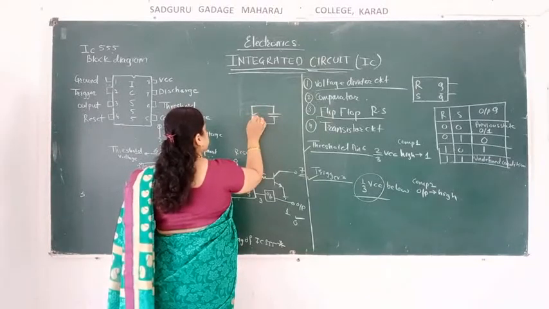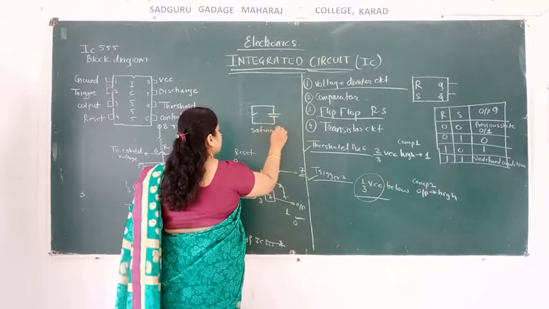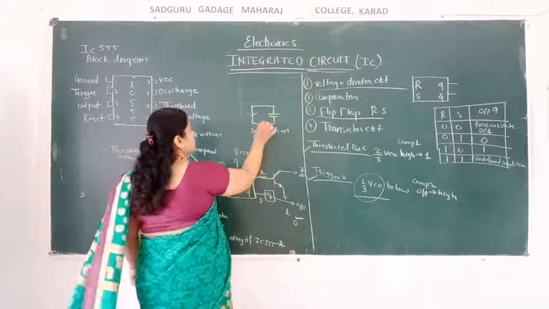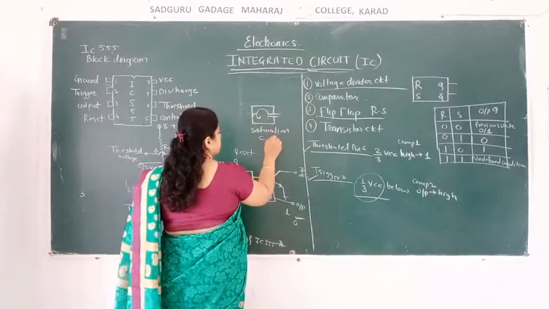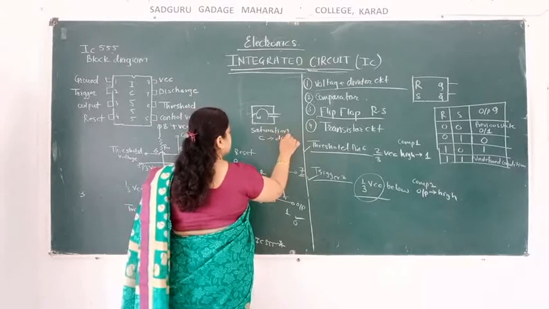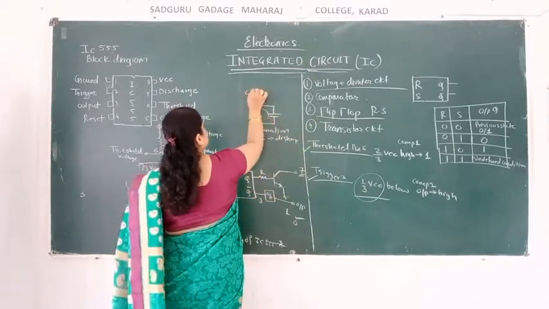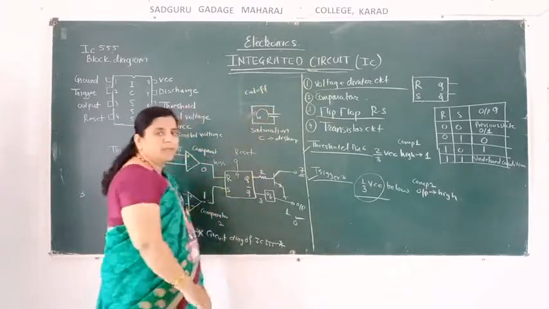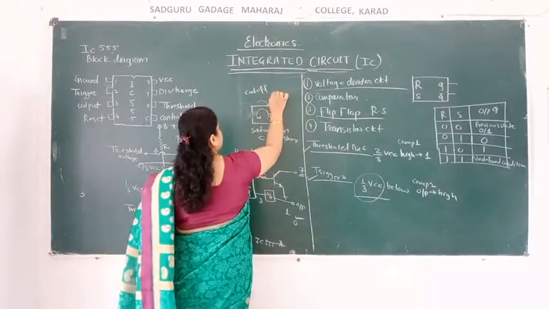If the transistor is in saturation state, then it will be connected. What happens? Through the transistor the capacitor will be discharged. And suppose if the transistor is in cut-off state, this connection will be open. Then what happens? The capacitor will be charged.